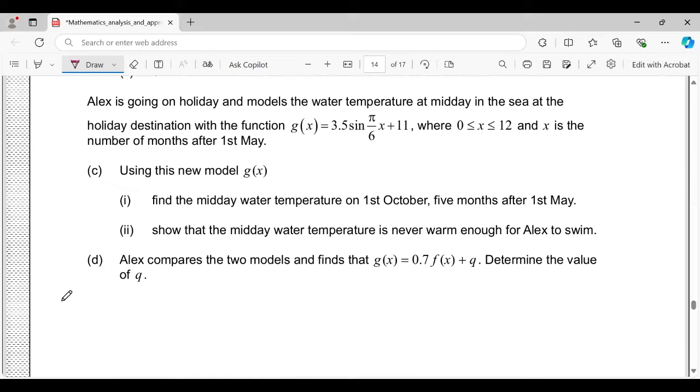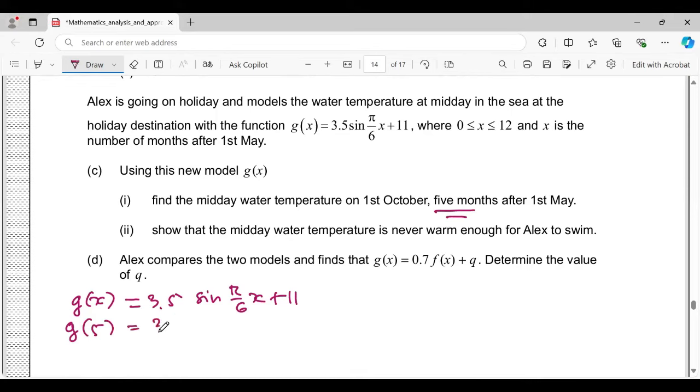It means g(x), based on this function, 3.5 sine(pi over 6 x) plus 11. After 5 months, it means g(5).